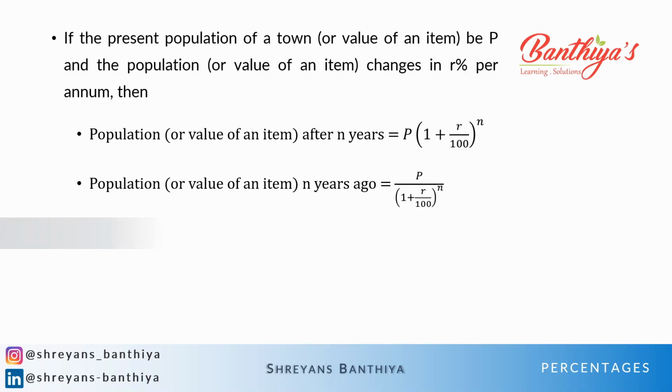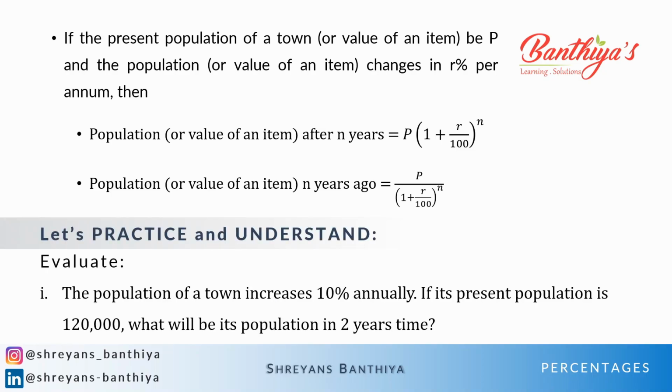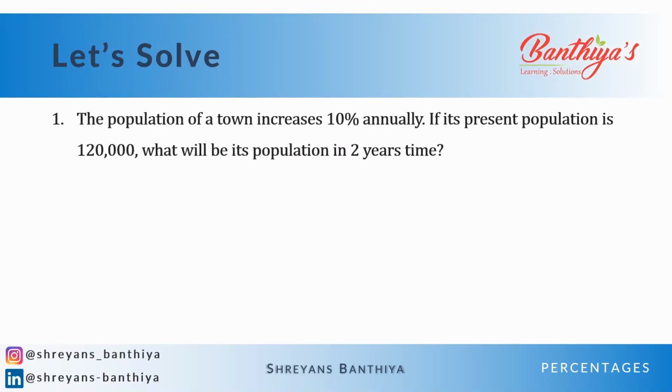Now let's solve one example on it. I hope, guys, that you are able to solve this question as well. If not, let's see the solution. The population of a town increases 10% annually. If its present population is 1,20,000, what will be its population in 2 years' time? That is, 2 years after.